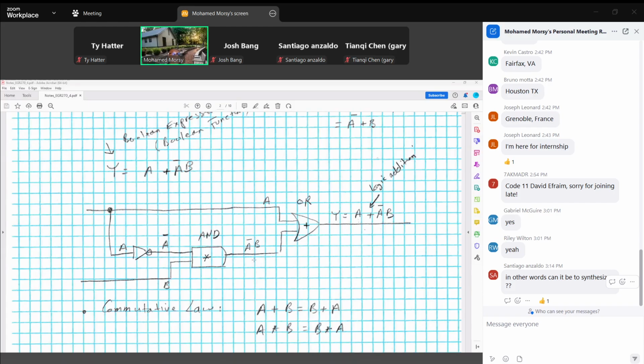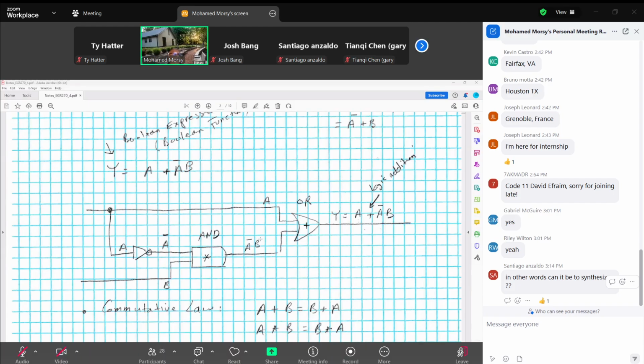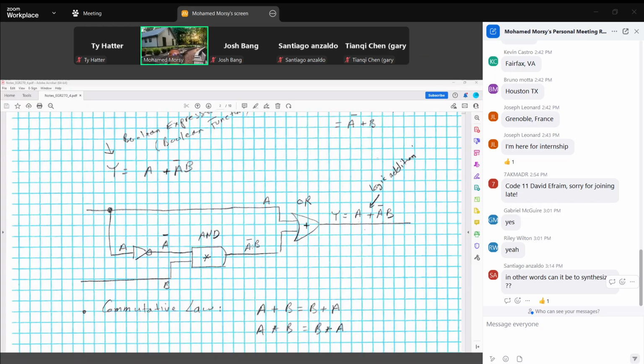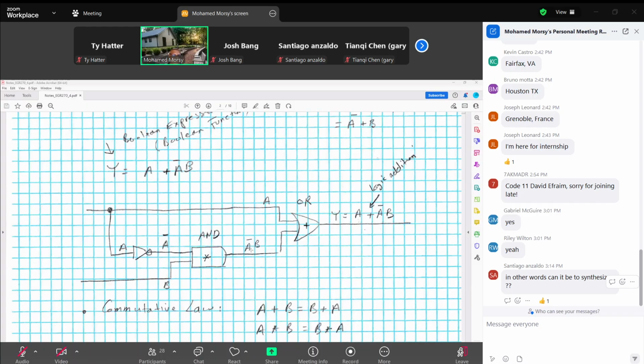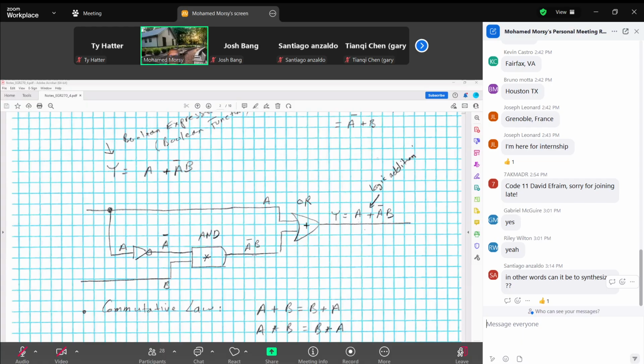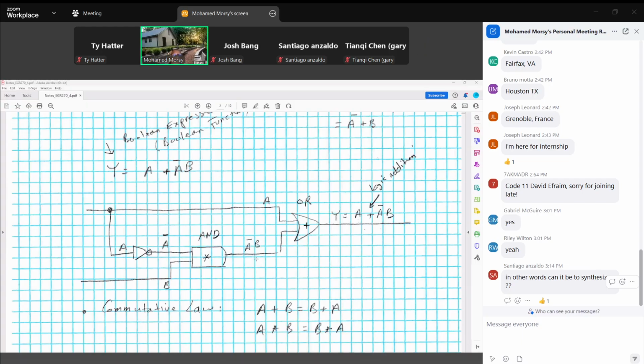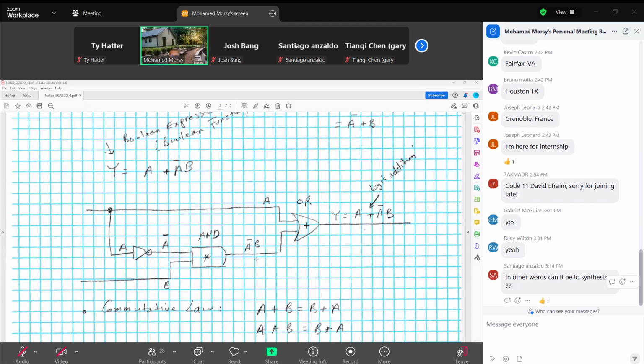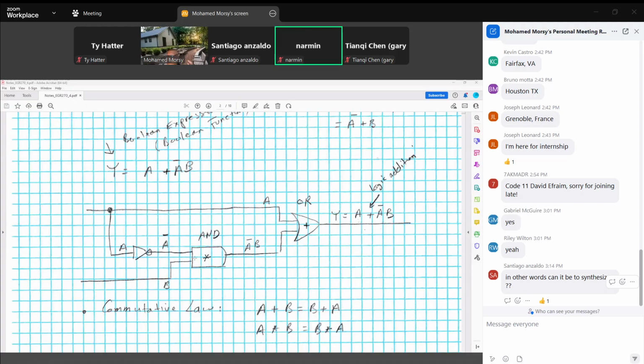But when we look at A inverted B, the operator between A inverted and B is multiplication, because A inverted B means A inverted multiplied by B. So what do you think? This is the output of what, if we have logic multiplication? AND gate, OR gate, or inverter? AND gate. Perfect.